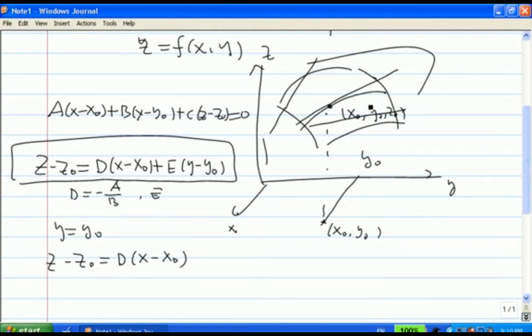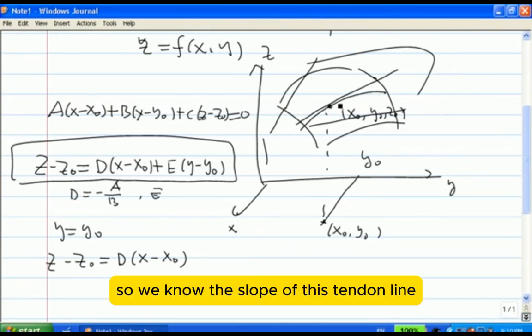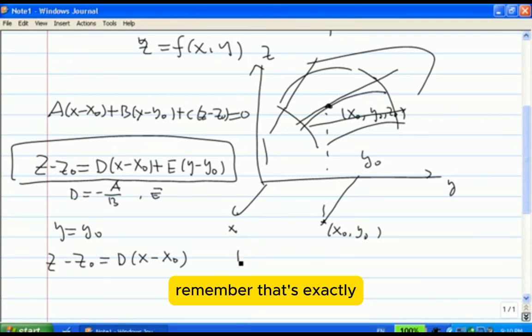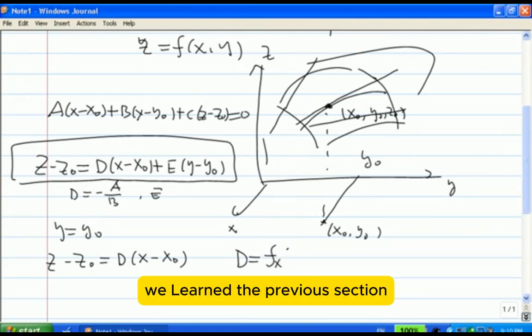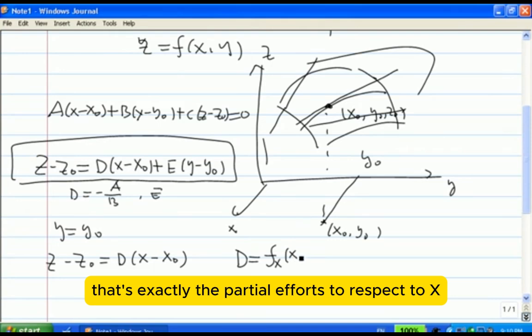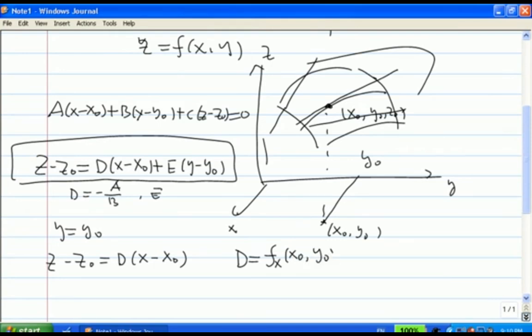So we know the slope of this tangent line. Remember what we learned in the previous section, that's exactly the partial f with respect to x evaluated at that point. So we can find d.